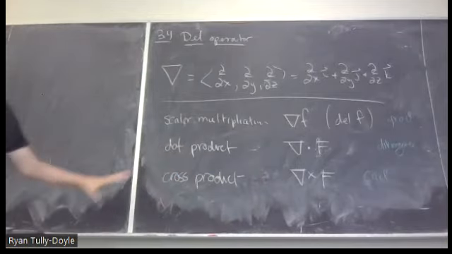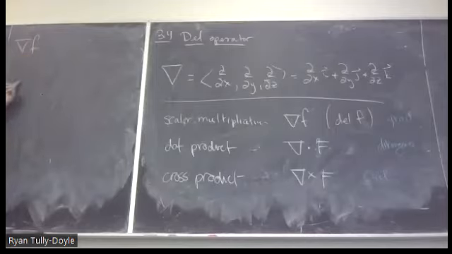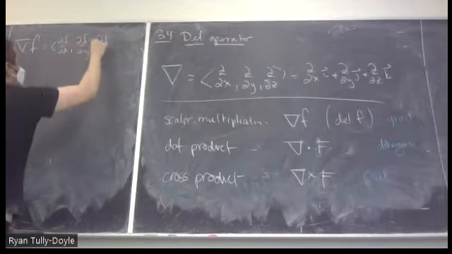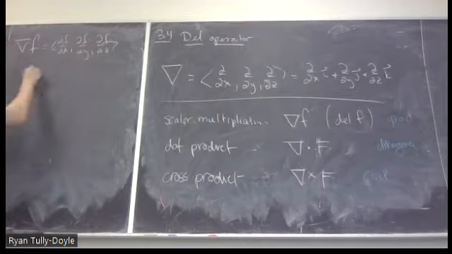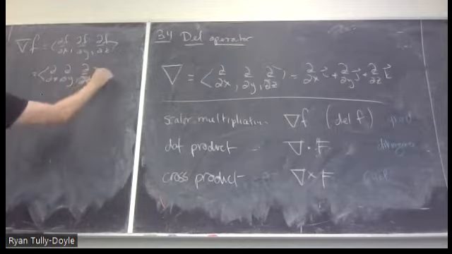Okay. I'm going to motivate this by writing this symbol down. We've been writing this down, and every time we write this down, we've been writing down df dx, df dy, df dz. But this way of thinking about it would be d by dx, d by dy, d by dz applied to f.